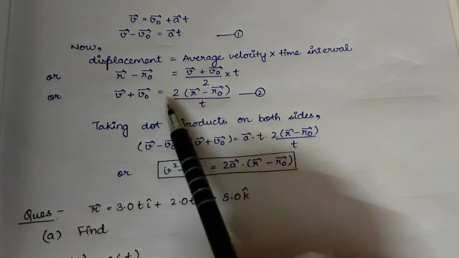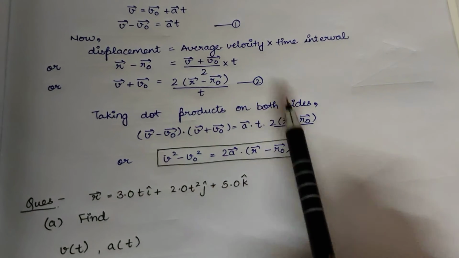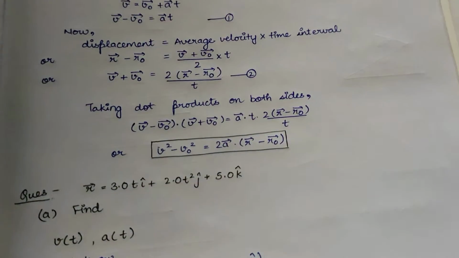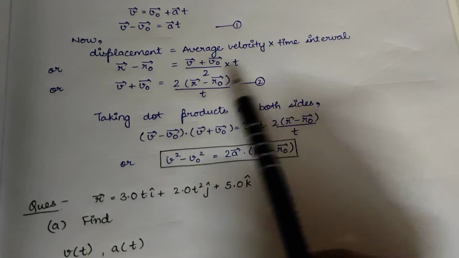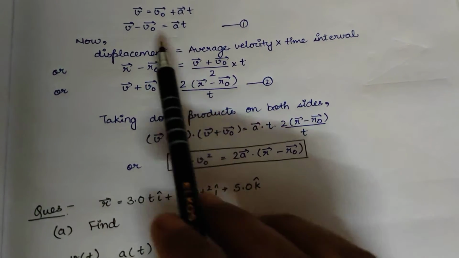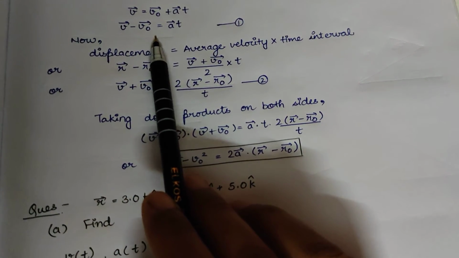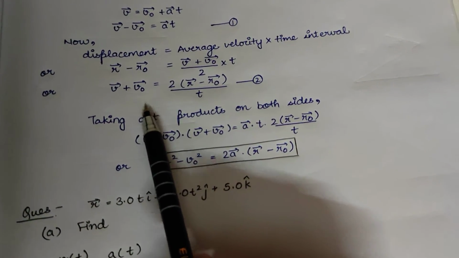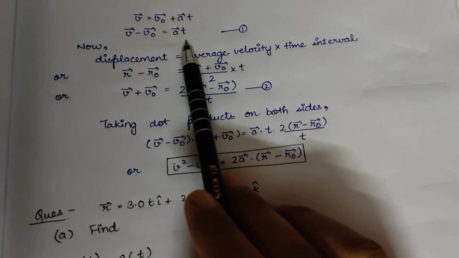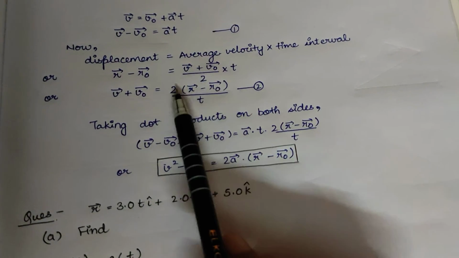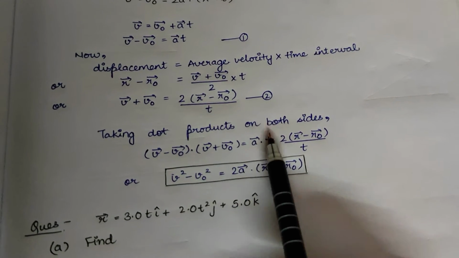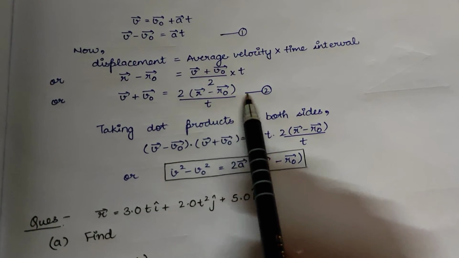Now taking both these equations and taking their dot products on both the sides, on this side we will get vector v minus vector v naught dot vector v plus vector v naught, and on the other side we will get vector a times t dot 2 into vector r minus r naught by t.